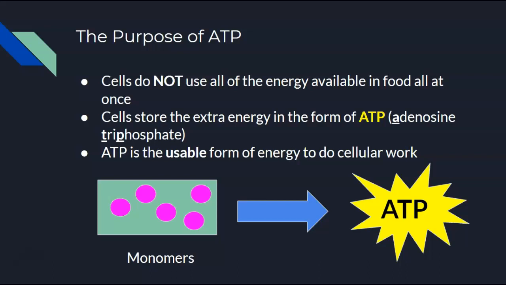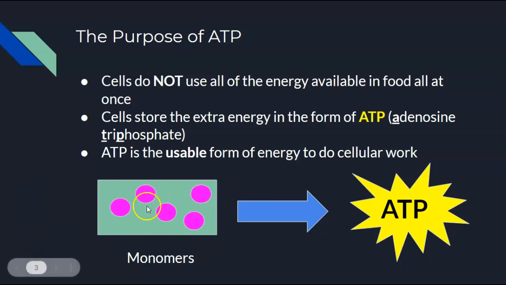So ATP, adenosine triphosphate. ATP is the usable form of energy. If I eat a cheeseburger, I cannot just say, oh, well, I now have a piece of cheese in my stomach. I can use that energy. No, it doesn't work that way. It needs to be converted, right?